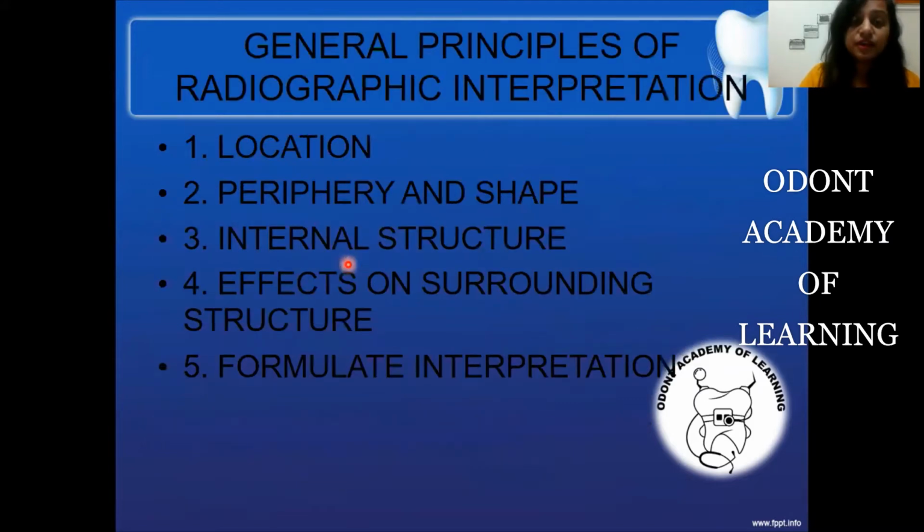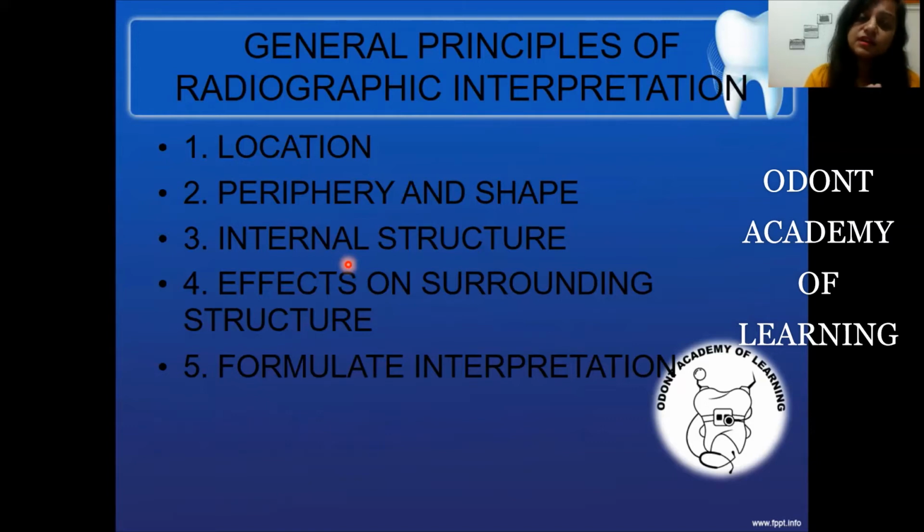Now, the principles of radiographic interpretation are that you have to know the location of the abnormality, the periphery and the shape. Periphery is nothing but the margins or the borders, and what shape that figure forms is a different entity.